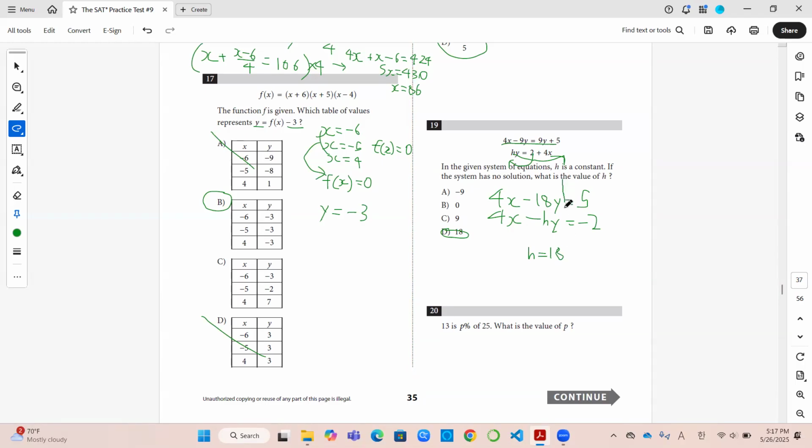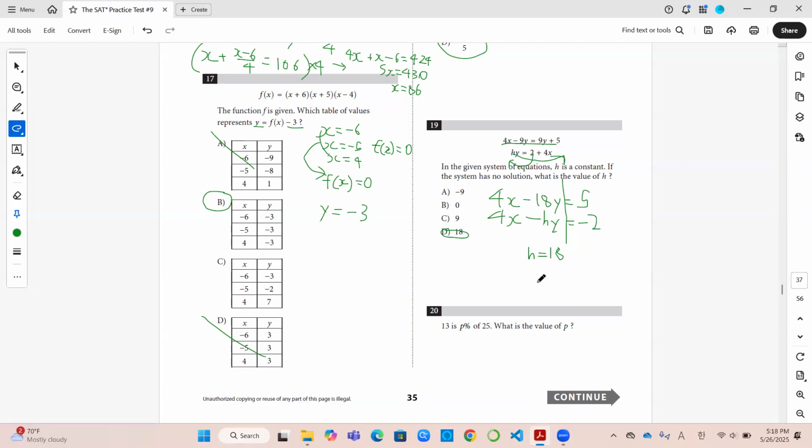If the left sides are in the same format and the right sides have different answers, this means that the input and the output are different. So if 4x minus 18y is 5, then for this one, 4x minus 18y should also be 5. But if I say 4x minus 18y is minus 2 for the second one, there's no way you can determine the solution for the system of equations here.